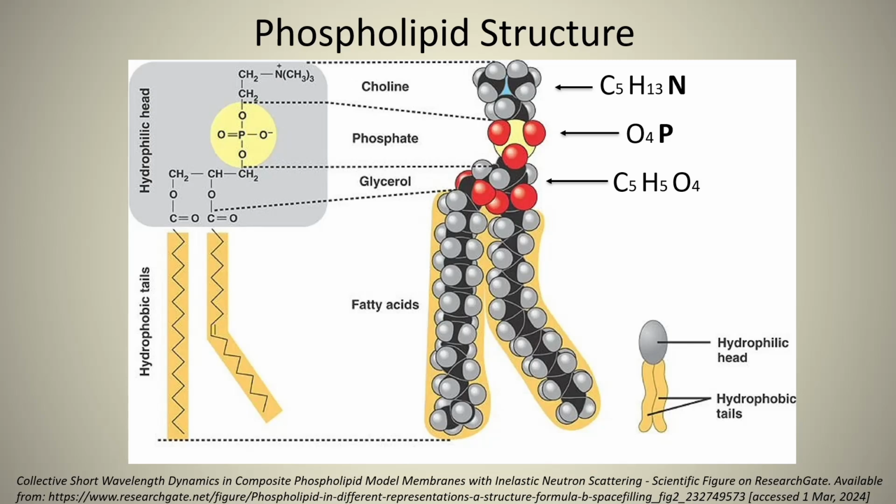Your phospholipid structure is composed of 3 components. You have your choline, your phosphate group, and your glycerol as the head. Attached to them are your fatty acids. You have a phospholipid layer on the exterior of the cell and one again on the interior of the cell.